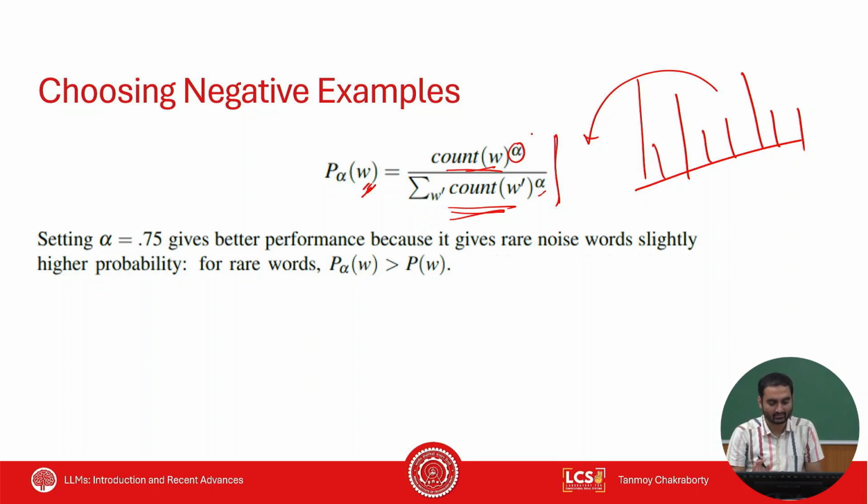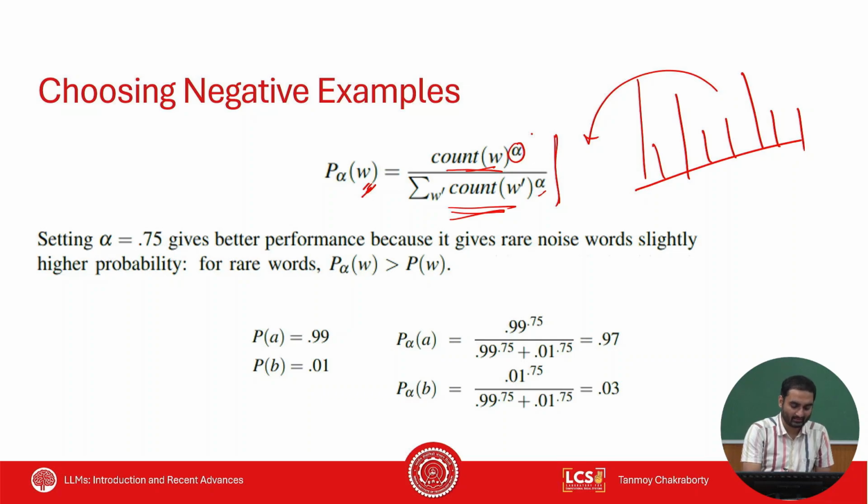If you are not convinced, let me give an example. Let's say there are two words A and B, and these are the raw unigram probabilities 0.99 and 0.01. Now if you add alpha as a power, and let's say the value of alpha is 0.75, the modified unigram probability of A is 0.97 and the modified unigram probability of B is 0.03.